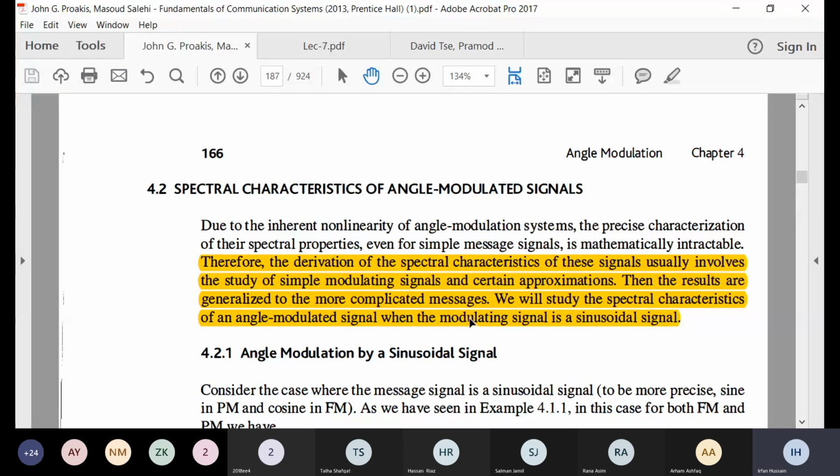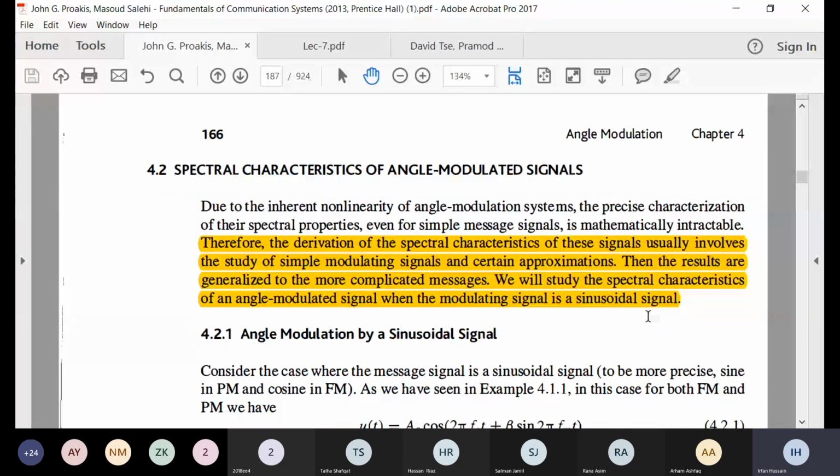So we will first of all study the spectral characteristics of an angle modulated signal when the modulating signal is just a sinusoidal or cosinusoidal signal. So we assume that the message signal is a sinusoid.